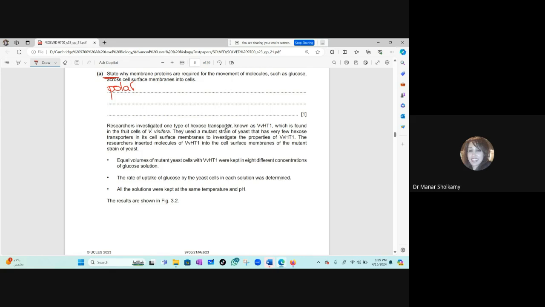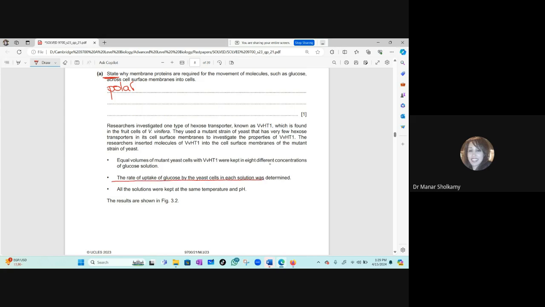They used a mutant strain of yeast that has very few hexose transporters in the cell surface membrane to investigate the properties of this protein. The researchers inserted molecules of this protein into the cell surface membranes of the mutant strain of yeast. Equal volumes of mutant cells with this protein were kept in 8 different concentrations of glucose, and the rate of uptake of glucose by the yeast cells in each solution was determined.